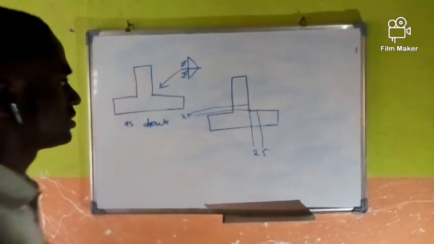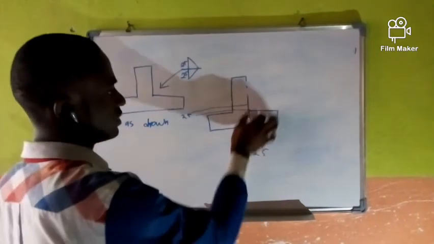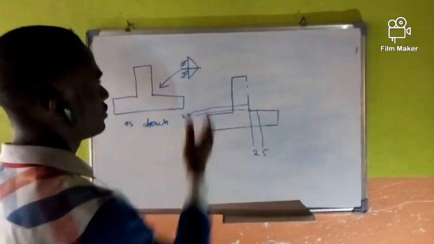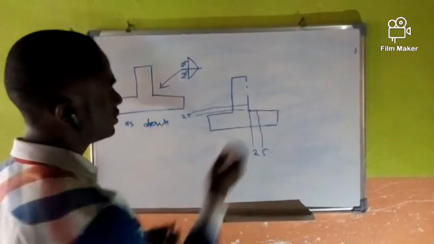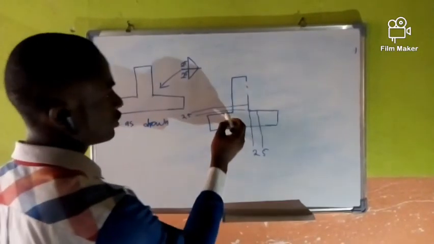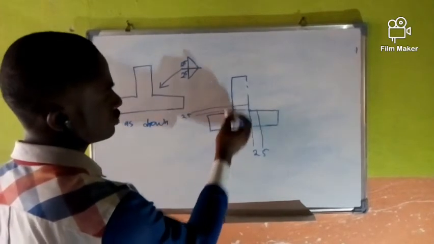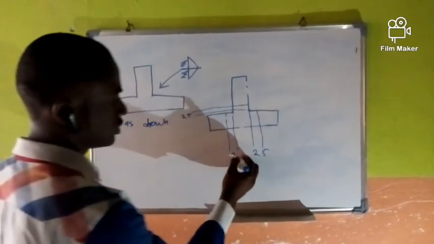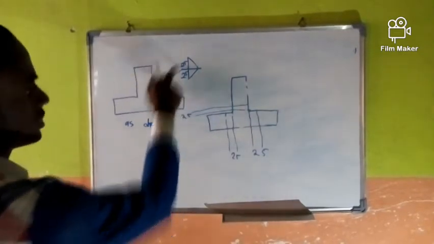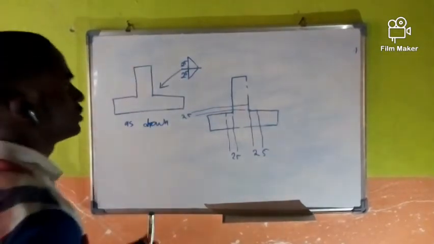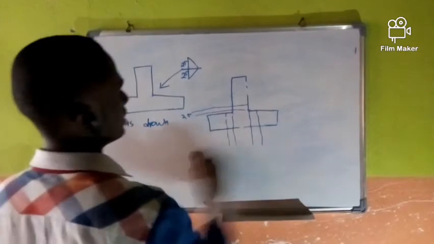This is what it means. Here 25, here 25. Now it also applies to the opposite side. So from here to here, you take 25 as the leg. So this other side too will be 25. That is what they mean by these numbers you're seeing here. All right, so let's take that.